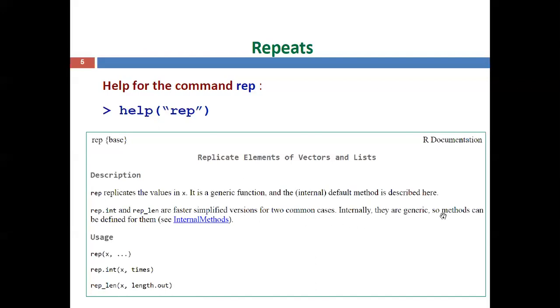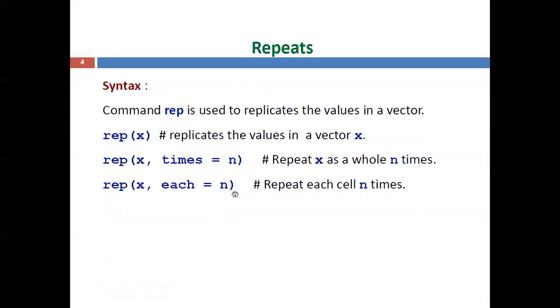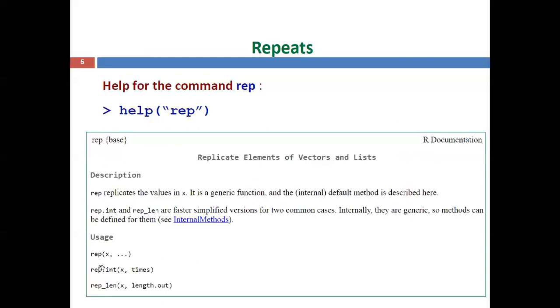Internally they are generic, so methods can be defined for them. The usage, as we just saw in the syntax, is rep, the vector name, comma, and you can mention other parameters. Here you can see times equal to n, each equal to n, like that. All possibilities you can mention.